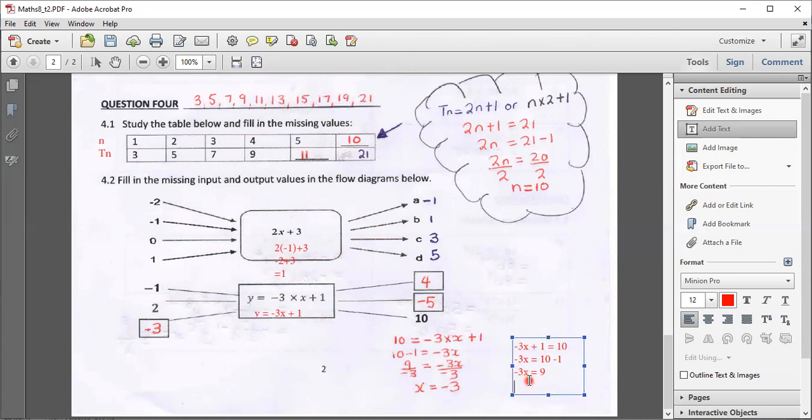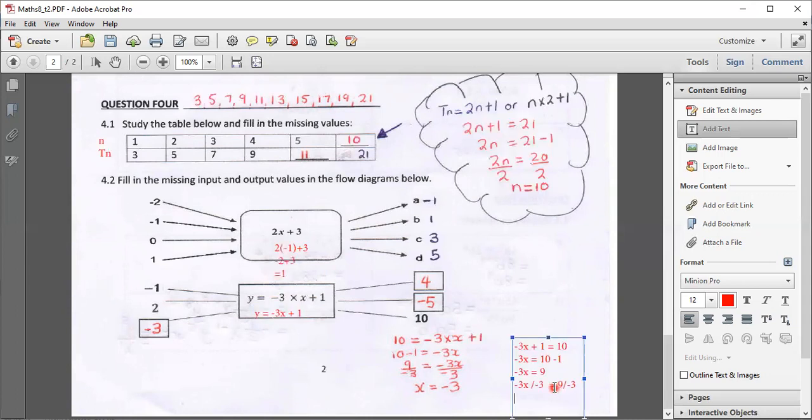To find x, we need to get rid of -3, so we have to divide by -3. All right, we're going to divide by -3. So I'm going to write the division here for now. We need to divide by -3 here, which means we also have to divide here by -3.